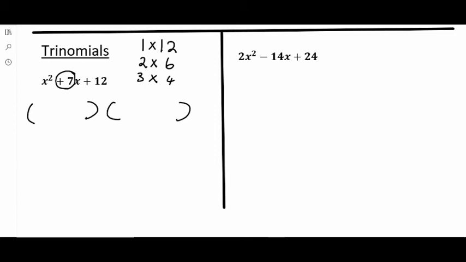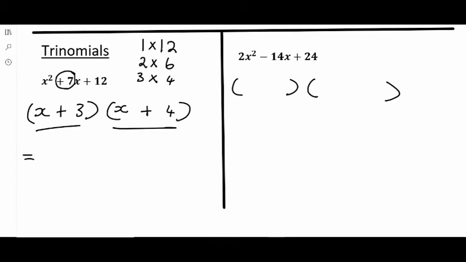Well, 2 and 6, that doesn't really give me a 7. 1 and 12, definitely not. 3 and 4, I could do something there. I could go plus 3, plus 4, gives me a plus 7. Obviously, the x's follow the same suit. Again, like before, you could actually FOIL this out, and you should get an answer equal to the original expression.